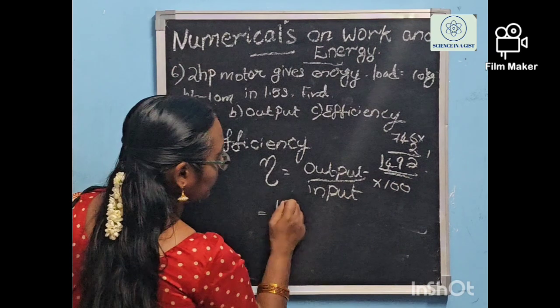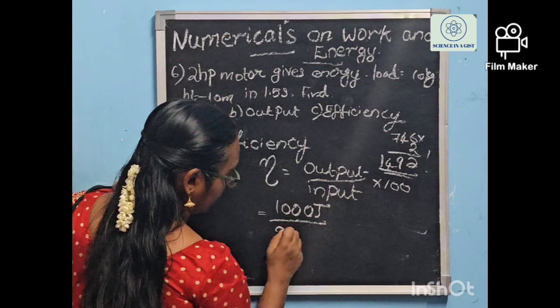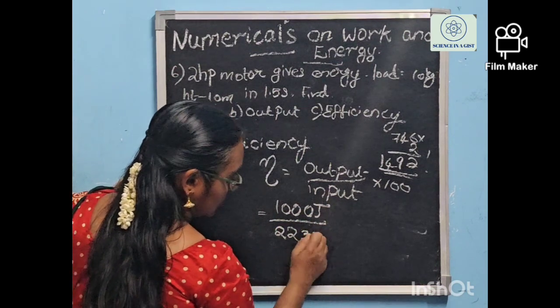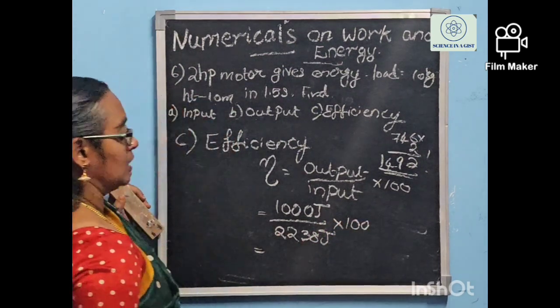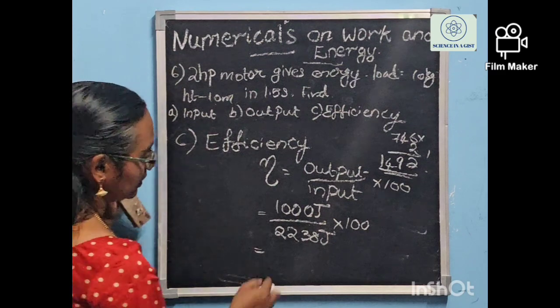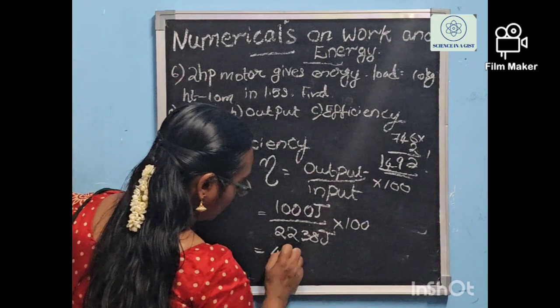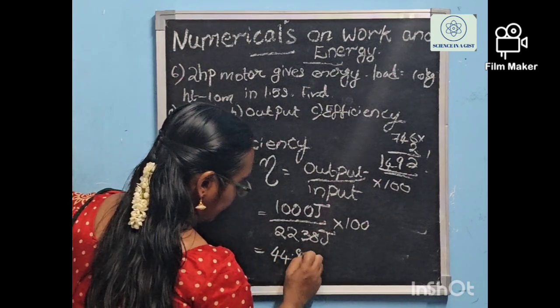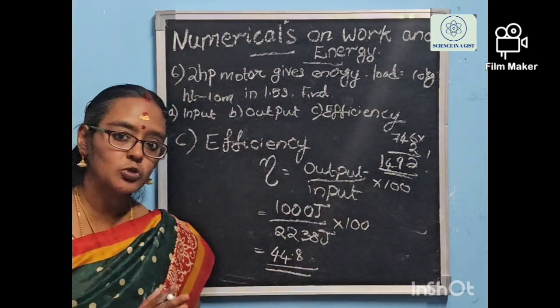Output is 1000 joule, divided by 2238 joule, into 100. So what is the answer? When you are dividing, you will get the answer as 44.8 percent efficiency. I think this problem is also clear for you.